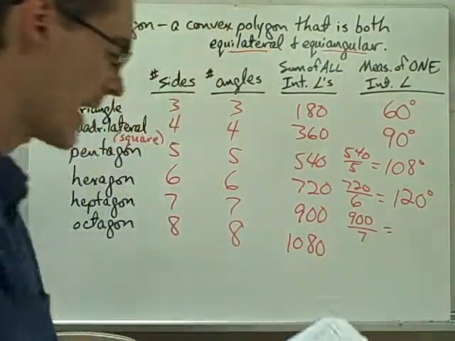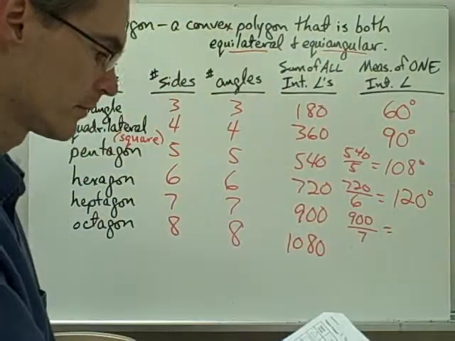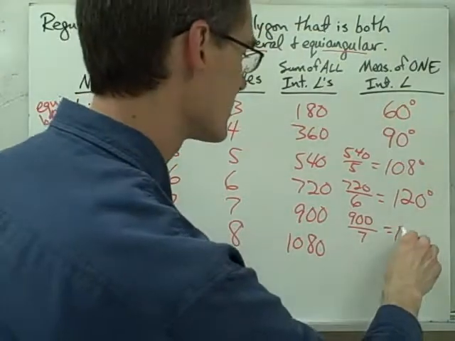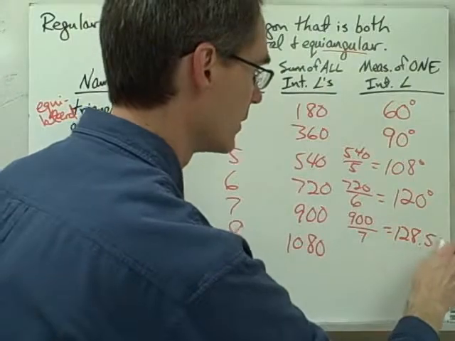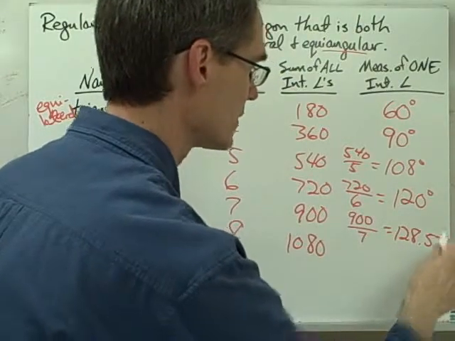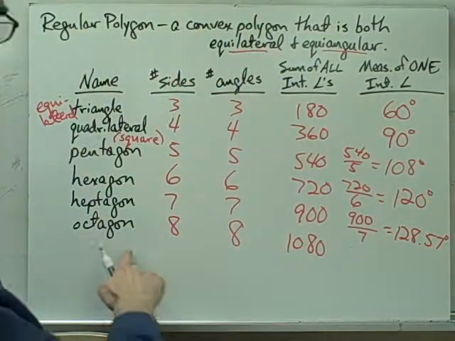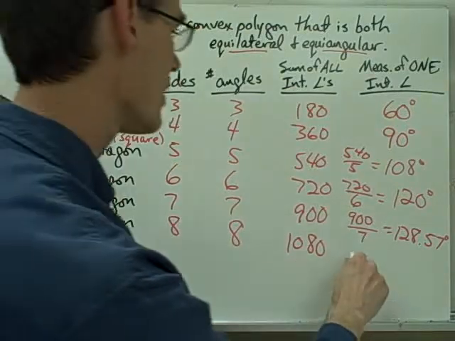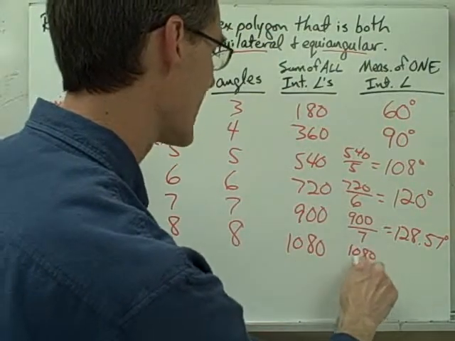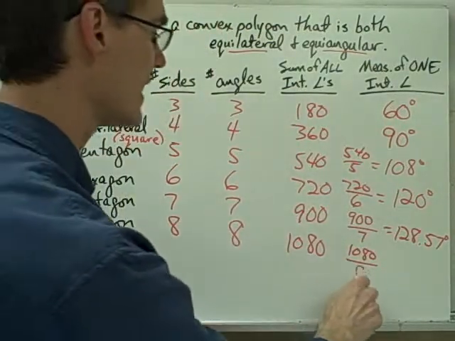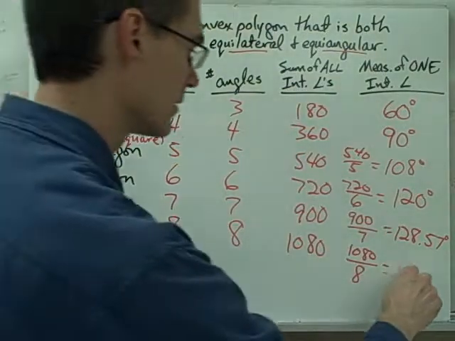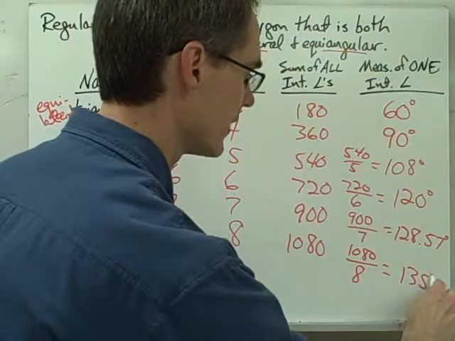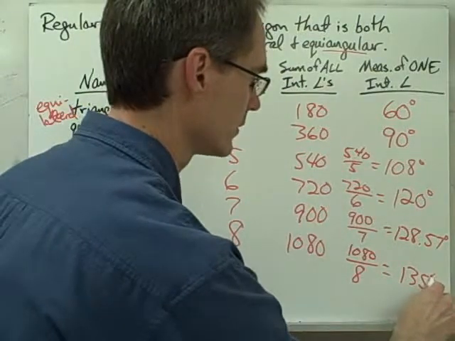And since all of the angles are equal, 900 divided by 7 is 128.57 degrees approximately. For an octagon, the sum of all the interior angles is 1080. I've got a total of 8 equal angles, so 1080 divided by 8 is 135 degrees.